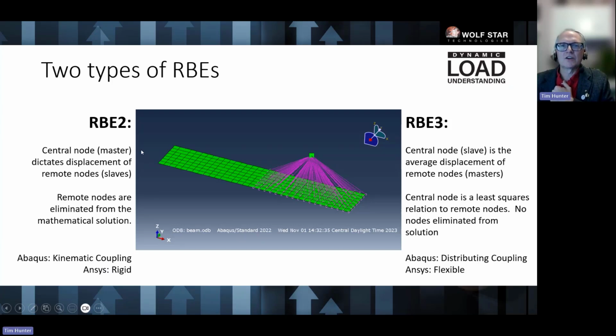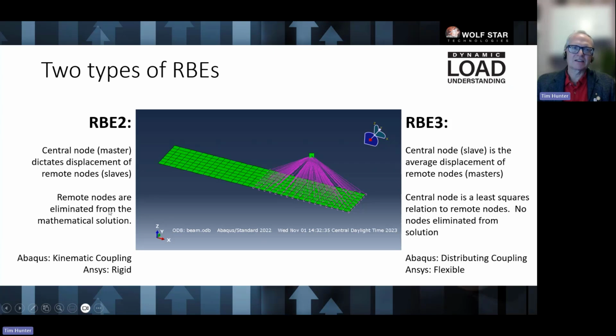Whereas in an RBE3, the central node is basically the slave, and it's dictated by the average of the displacements of the remote nodes, the masters, okay? This is basically a least squares relationship between the remote nodes and the central node. But this does not eliminate any nodes from the solution, so you don't make your problem size smaller by using an RBE3, but you're not adding stiffness either.